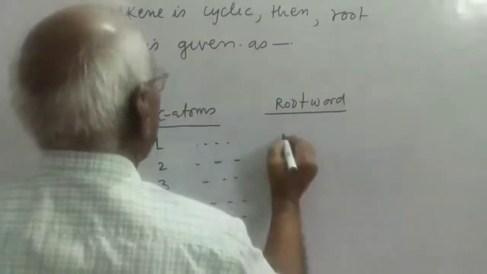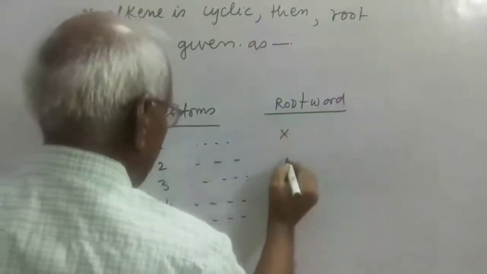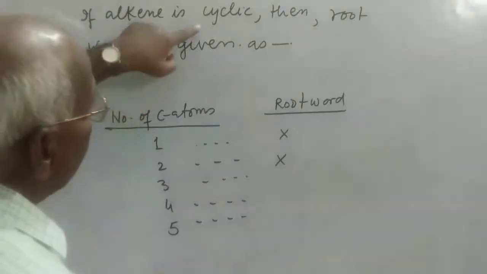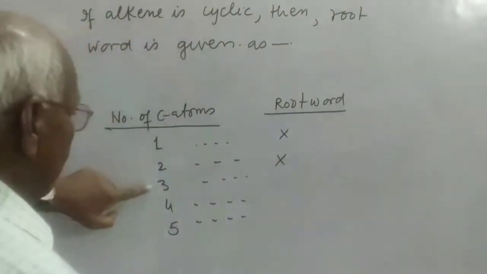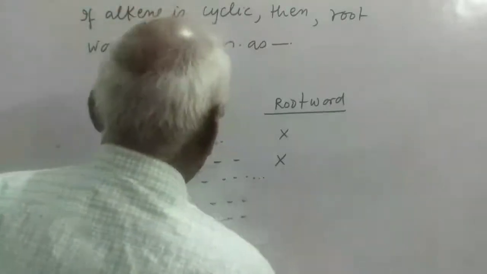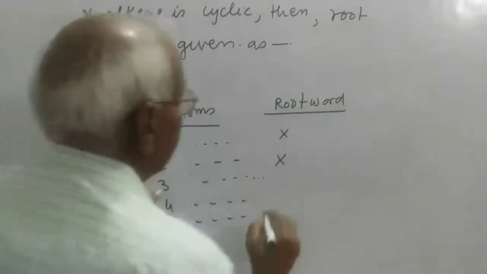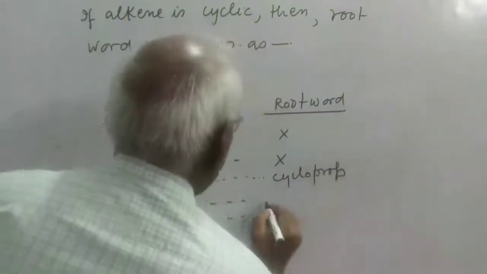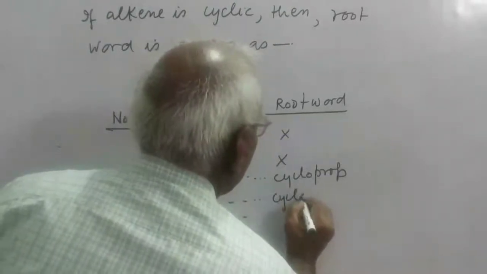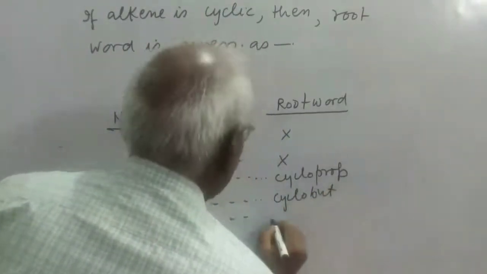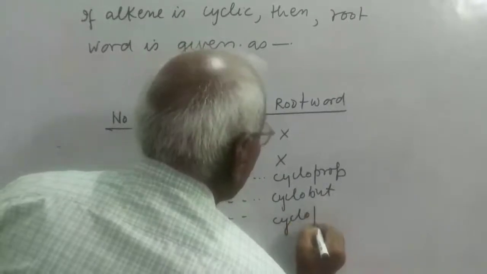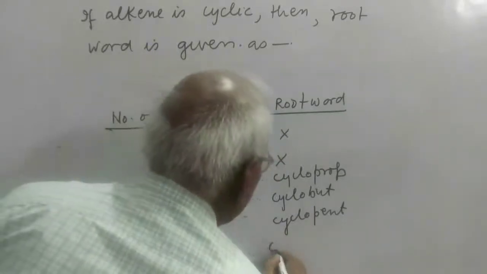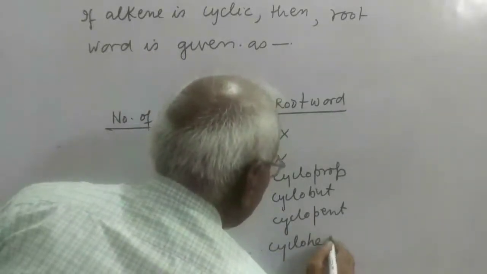There is no root word for cyclic for carbon number 1 or 2. The root word for the cyclic alkene starts from carbon number 3. If the number of carbon atoms is 3, it is called cycloprop. If it is 4, cyclobut. If it is 5, cyclopent. If it is 6, it is called cyclohex.